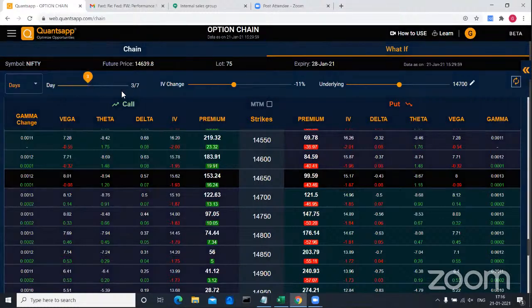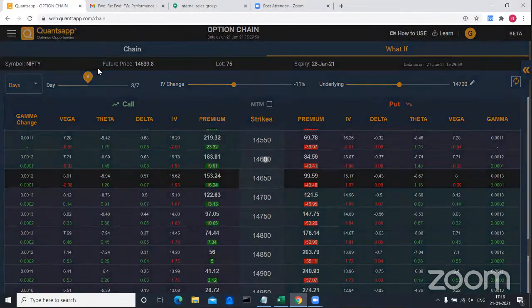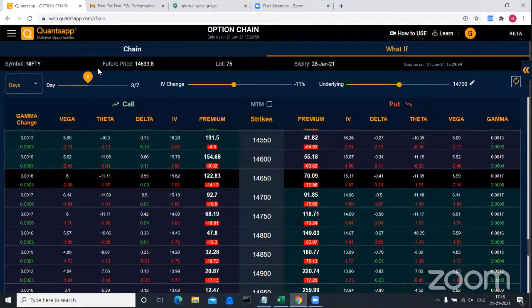Now this will also pose a amount of pain to the option premium. As the days increase, option premium starts losing because of the time value of money.